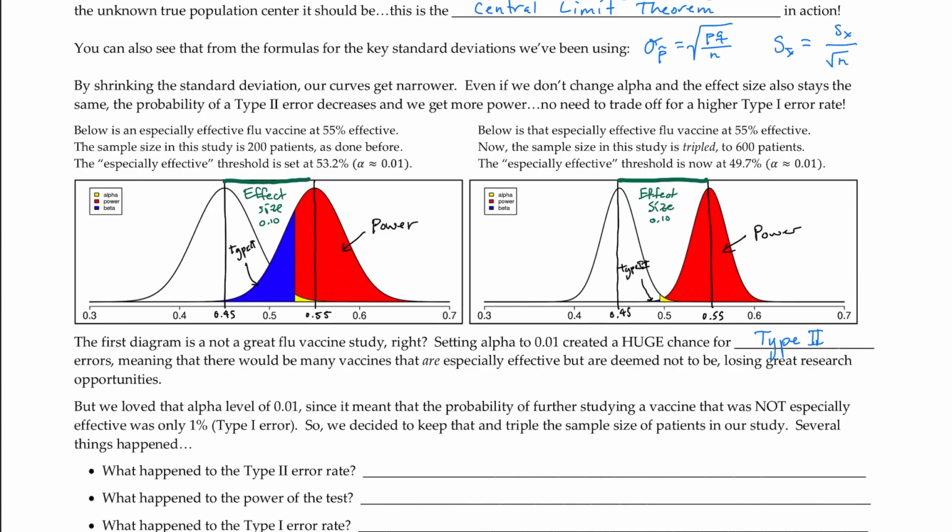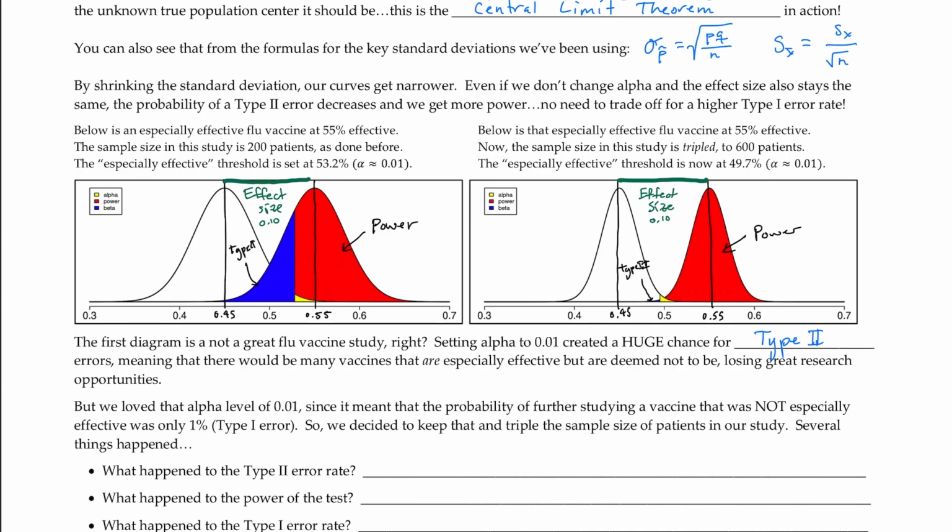These are vaccines we could be giving to the public, and instead we're tossing them in the trash, okay? But we love that it's an alpha level of 1%, because that means that the probability of further studying a vaccine that wasn't especially effective is only 1%. That's pretty good. Then you're not just pouring money into things that actually don't work. So it's good to keep that.